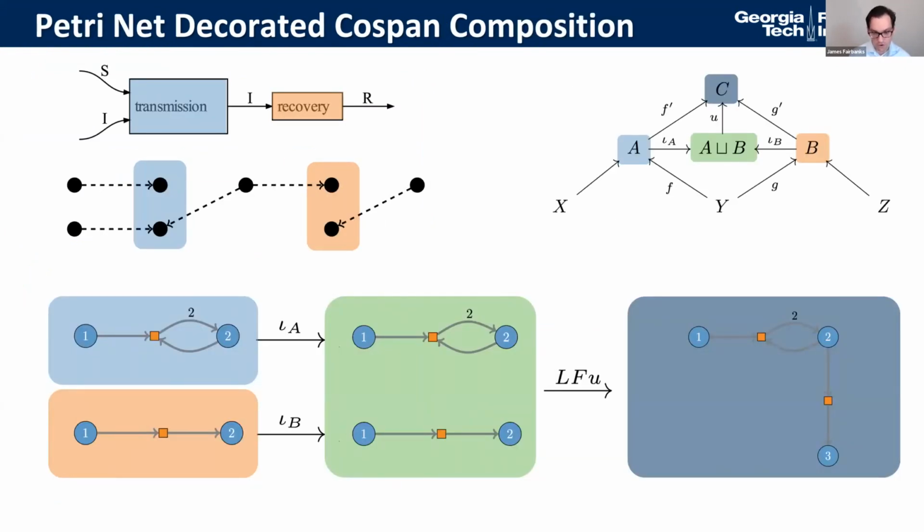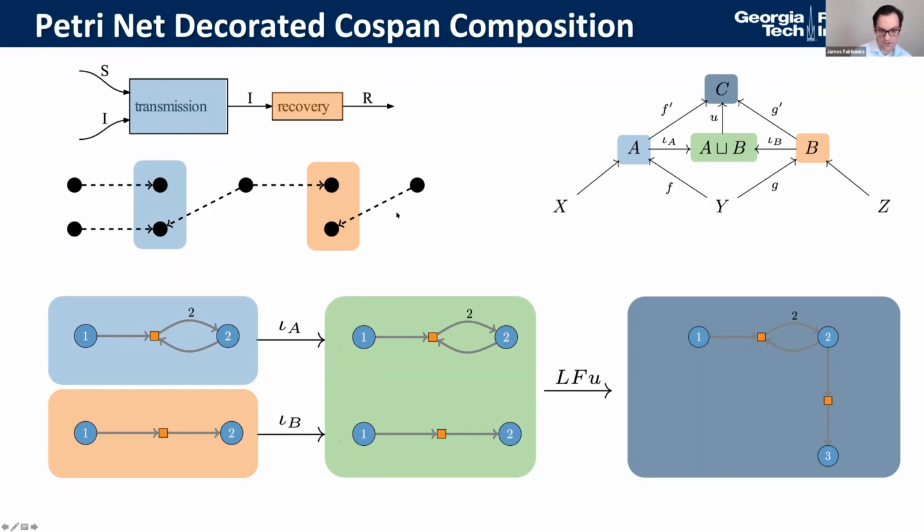So here's kind of a worked out example for the SEIR system, where you take your two cospans. What this cospan says is, S is the first input, I is the second input for the transmission process. Then the I variable is going to get glued to the I variable in recovery.